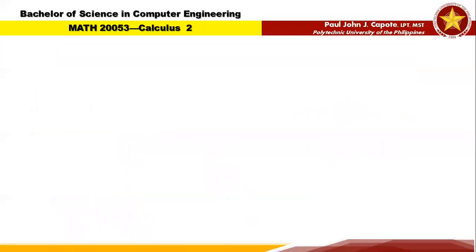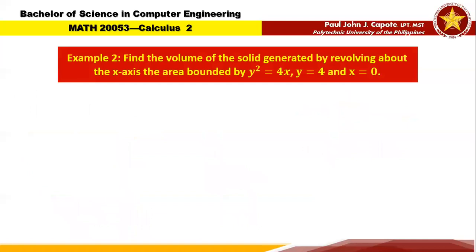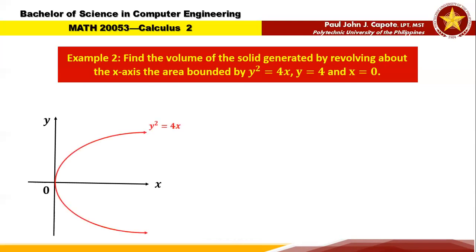Let's have example number 2. Find the volume of the solid generated by revolving about the x-axis, the area bounded by y squared equals 4x, y equals 4, and x equals 0. First, we need to sketch the graph of y squared equals 4x.